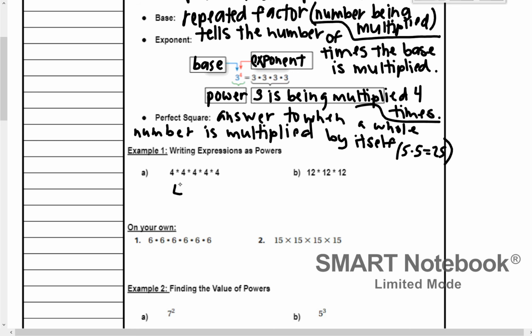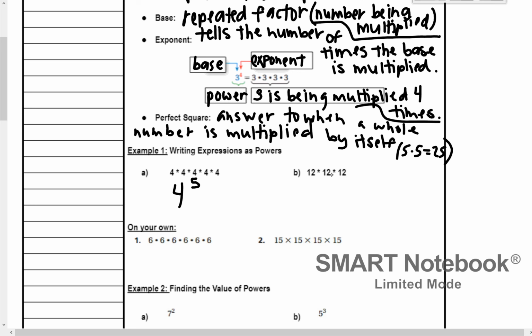It's going to be our big number, just like that 3 was. And 4 is being multiplied by itself 1, 2, 3, 4, 5 times. So our exponent, our little number, is 5. And that's a power. So it's 4 to the 5th power, 4 being multiplied by itself 5 times.